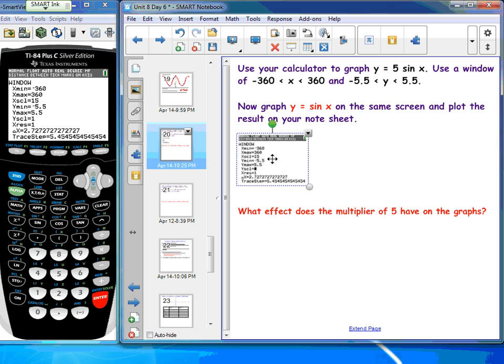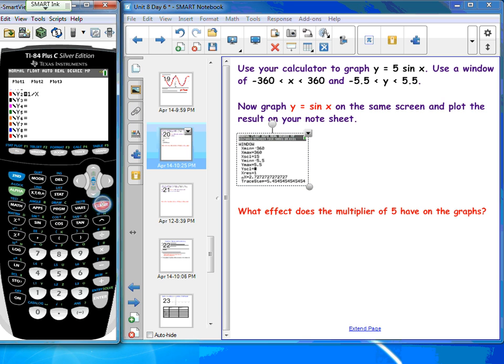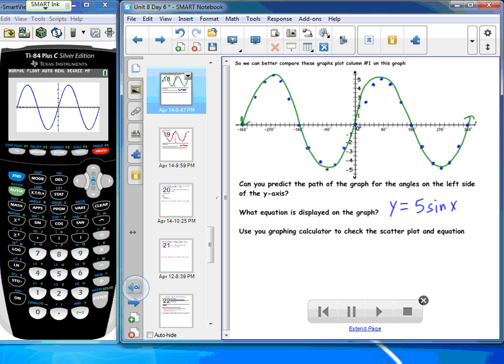So if we graphed in our y equals menu 5 sine x to verify our equation, 5 sine of x, close input, my calculator would show a blue graph that should resemble our first picture, right? So how do we do? Does that look like a sine wave from our first picture? For me, that was the green one, right? Yep, there's my green one.